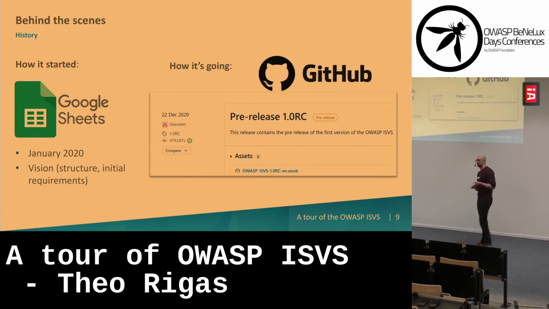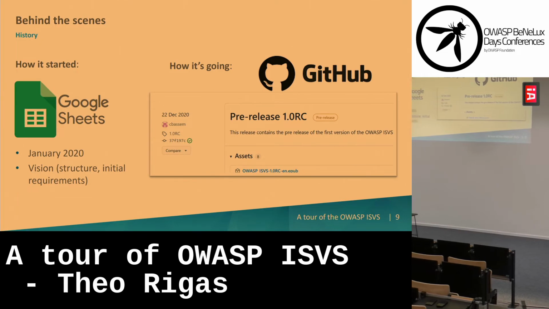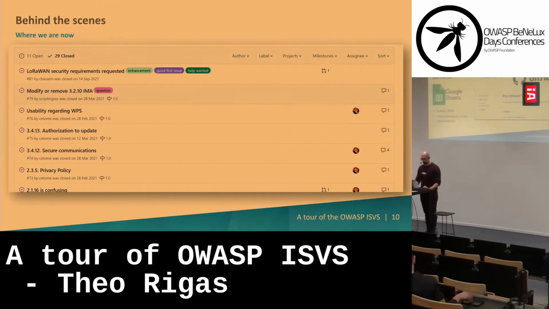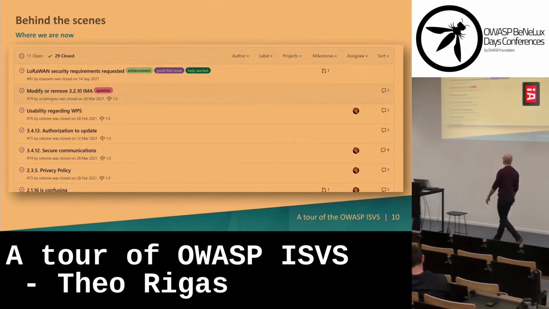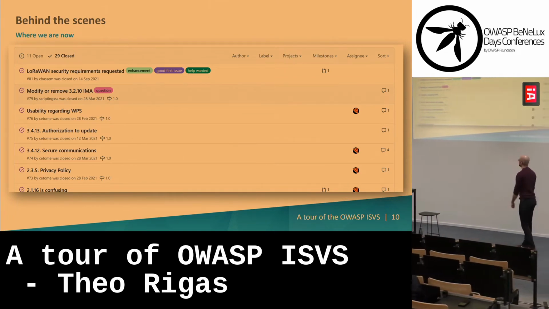And that went on for about a year. In December 2020, this moved to GitHub. It also opened to the public with what we call the pre-release, or release candidate 1.0. So this was almost two years ago. This is where we are now, still in the release candidate version.